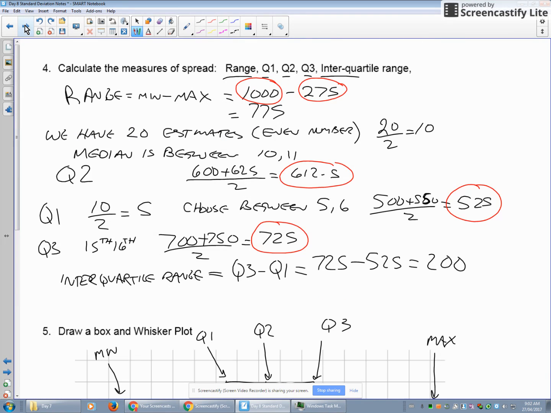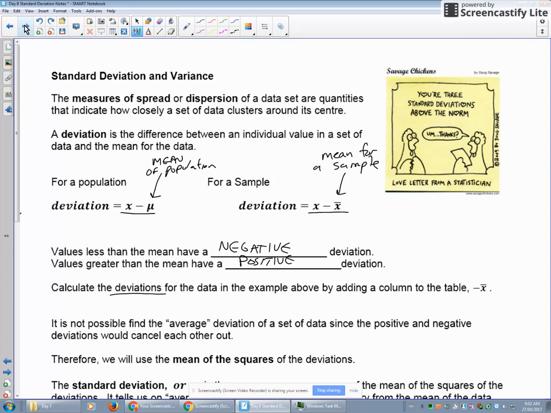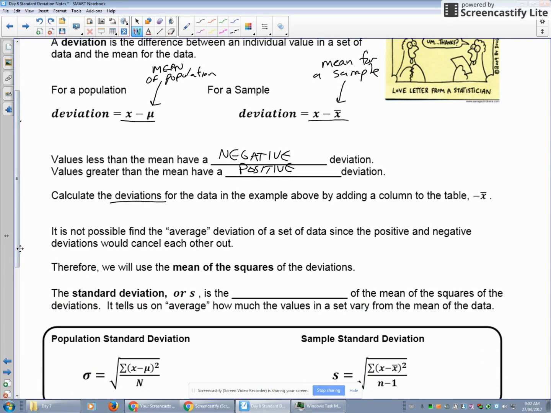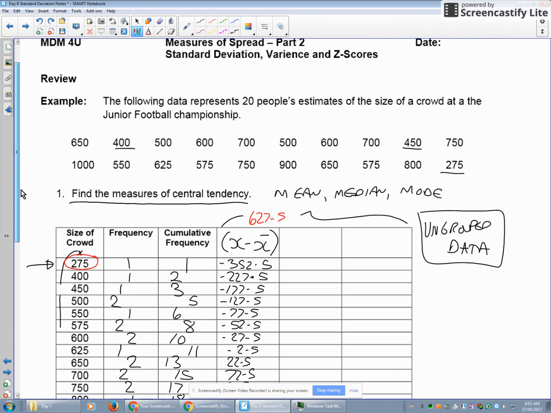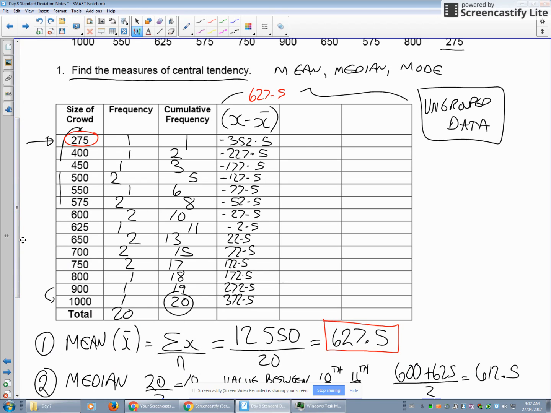So now we're going to come back to page 3. And they note it is not possible to find the average deviation of a set of data since the positive and negative deviations will cancel each other out. If we take a look here, the first half of our data are all negative values. The second half are all positive values. And they're centered around the median.